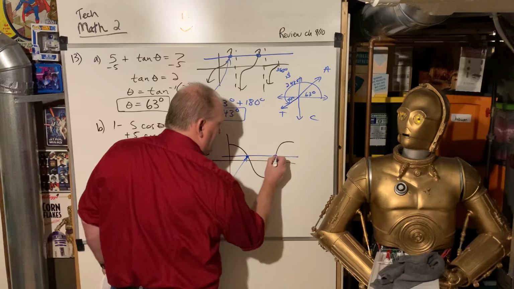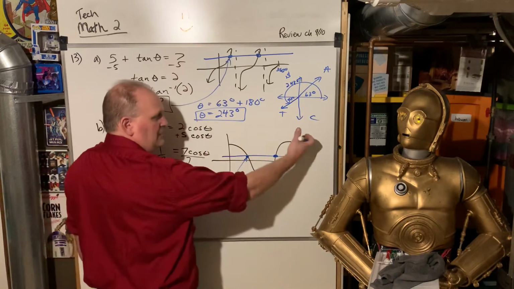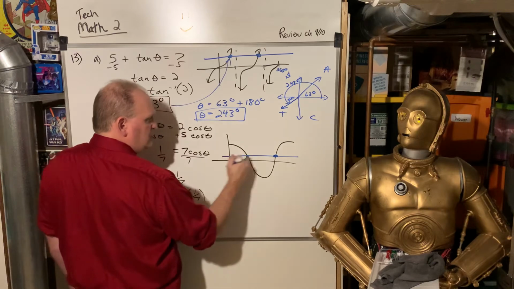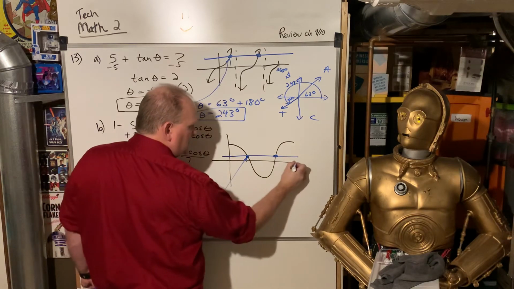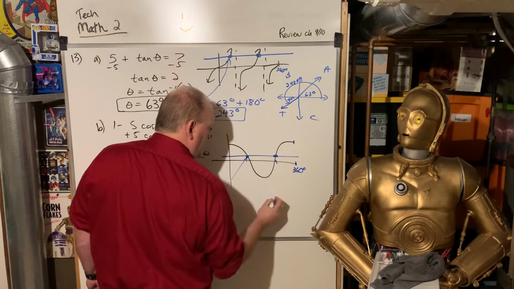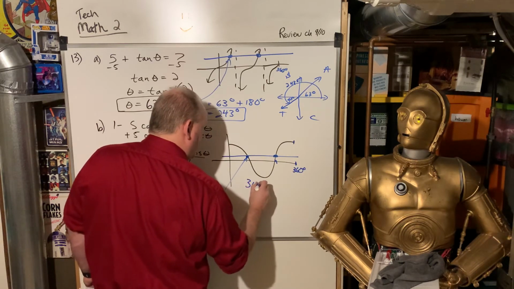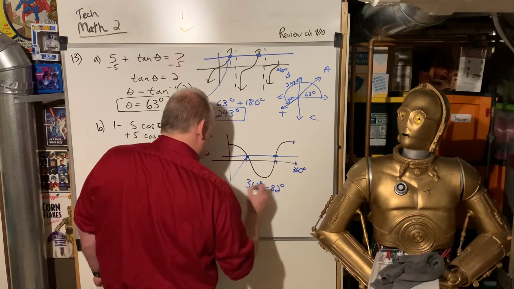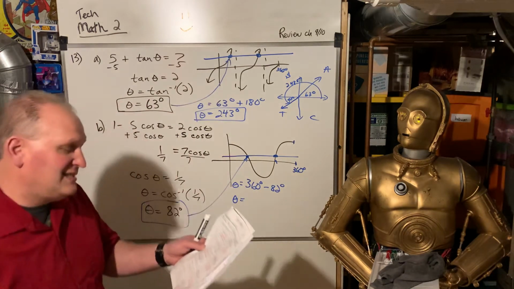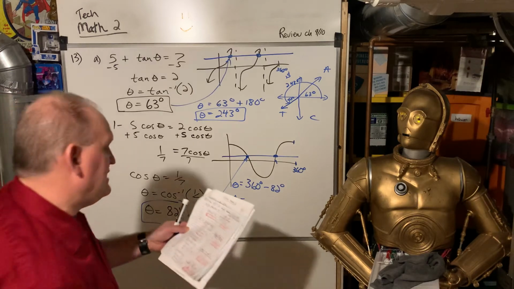And so how do I find that one? Well, there's symmetry to this. And so if that's 82 degrees away from 0, this is 82 degrees away from 360. Okay? So 360 minus 82 degrees is 278 degrees.